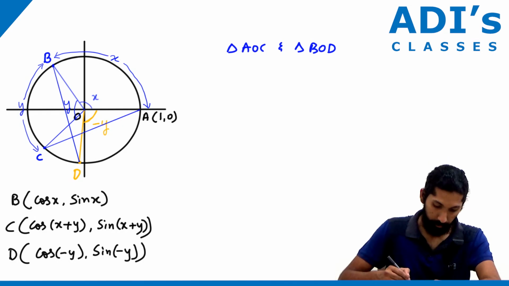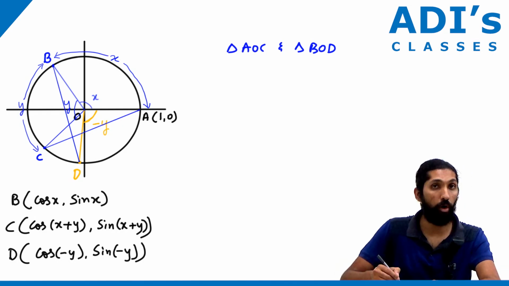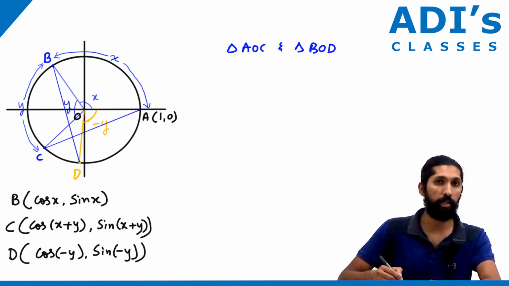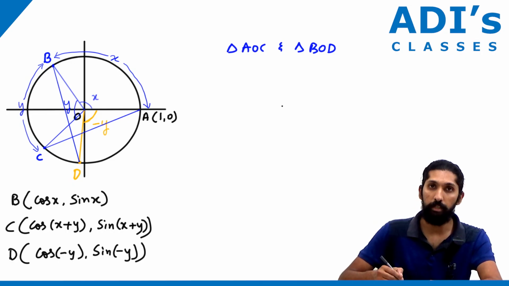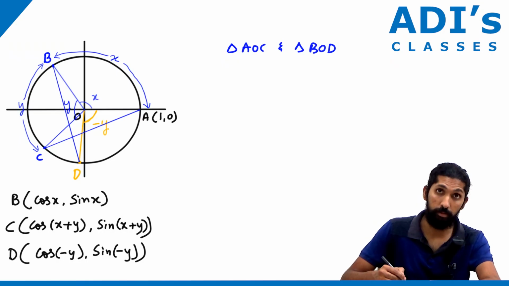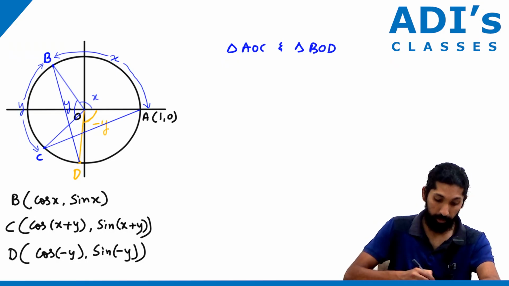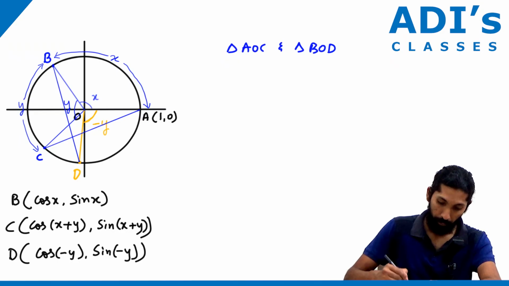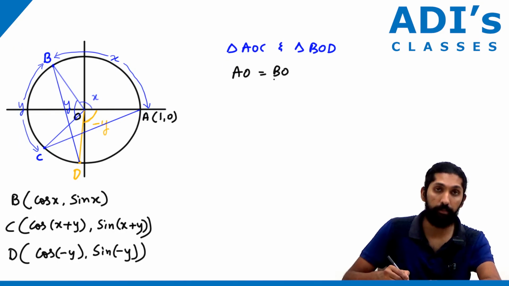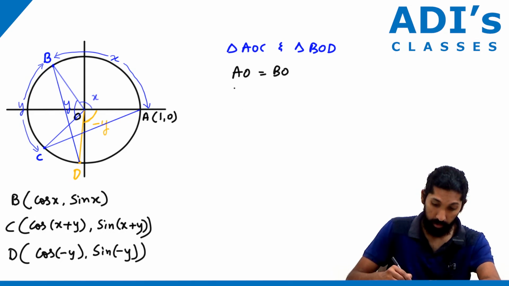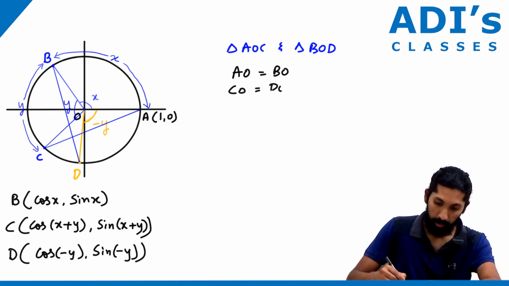These two triangles are congruent to each other. Think about it: the central angle is the same and the sides are also the same. AO is equal to BO, radii, correct? And CO is equal to DO. These are equal because they are radii of the same circle.